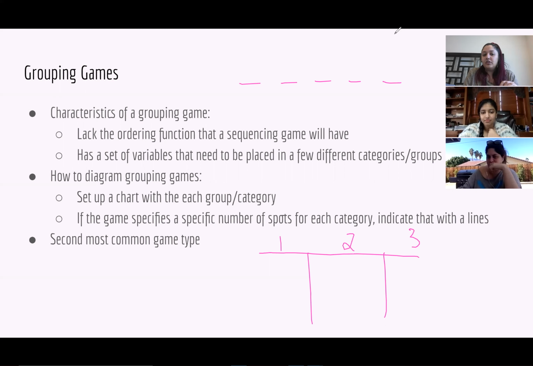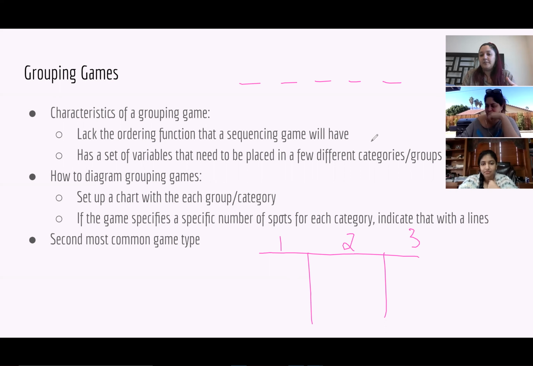Okay. So this setup over here is kind of how I would do it, depending on how the answers are presented to me in the first question that tells me to figure out what's a valid combination. So sometimes I'll set it up like 1, 2, 3, and then I will leave the amount of spots. So if there's 6 people and I have to evenly split them between 3 groups, I'd write 2 lines for each of them.